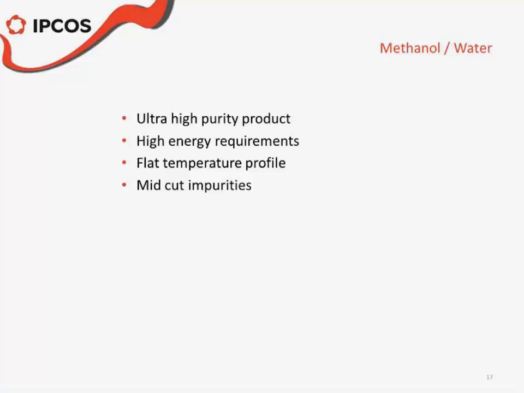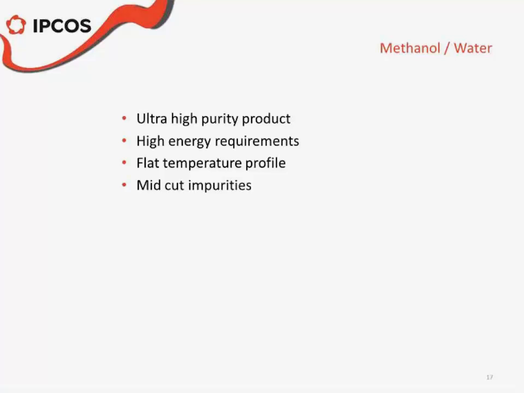That is directly related to having high energy requirements. It's a very flat temperature profile on the top 50 trays of the column. And the final challenge that you have is that you have impurities that are a mid-cut.